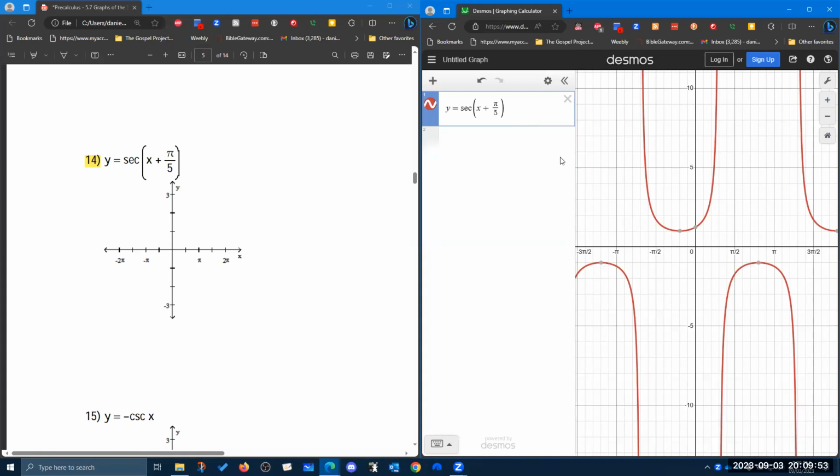So that's going to be 5 pi minus 2 pi over 10, which is 3 pi over 10. And then it's still going to have a period of 2 pi.